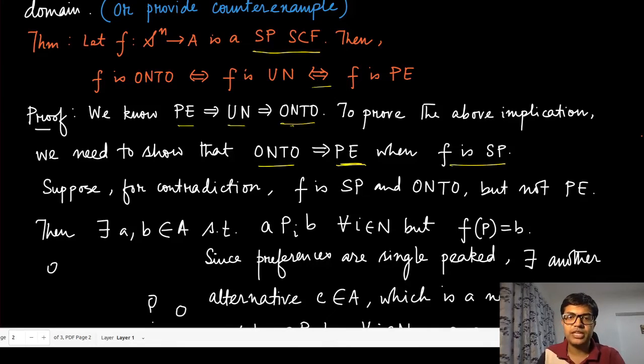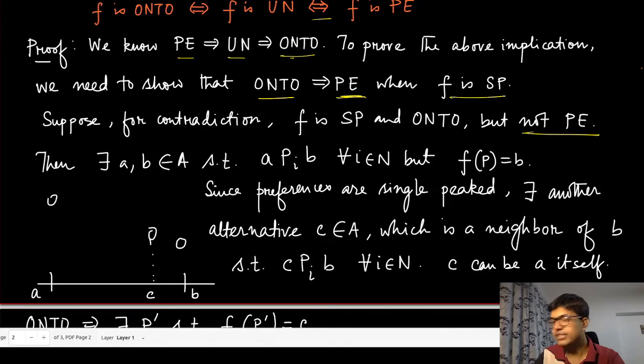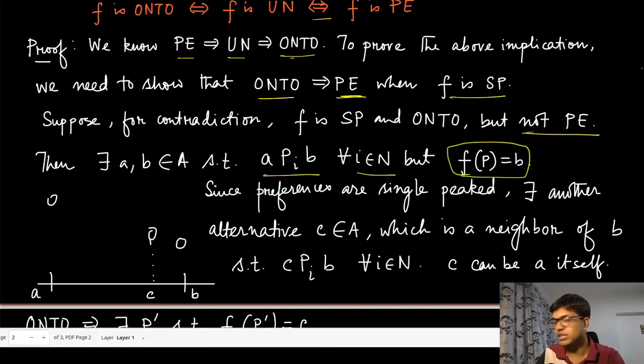Let's assume that F is strategy proof and onto, but not Pareto efficient. So what does not Pareto efficient mean? It means that there exists a pair of alternatives A, B such that A is strictly preferred over B for all the agents, yet the mechanism has chosen the outcome to be B, which is Pareto dominated by A for all the agents.